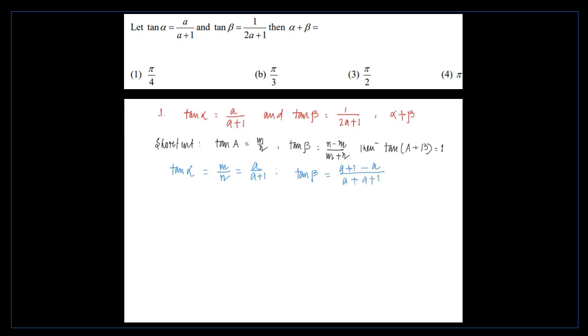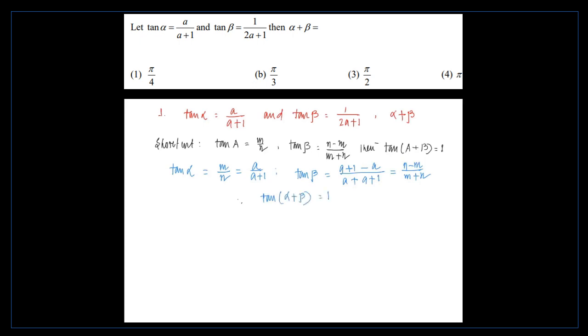So this is just the format n minus m by m plus n. Once we understand that it is in this format, automatically we can conclude that tan of alpha plus beta equals 1.